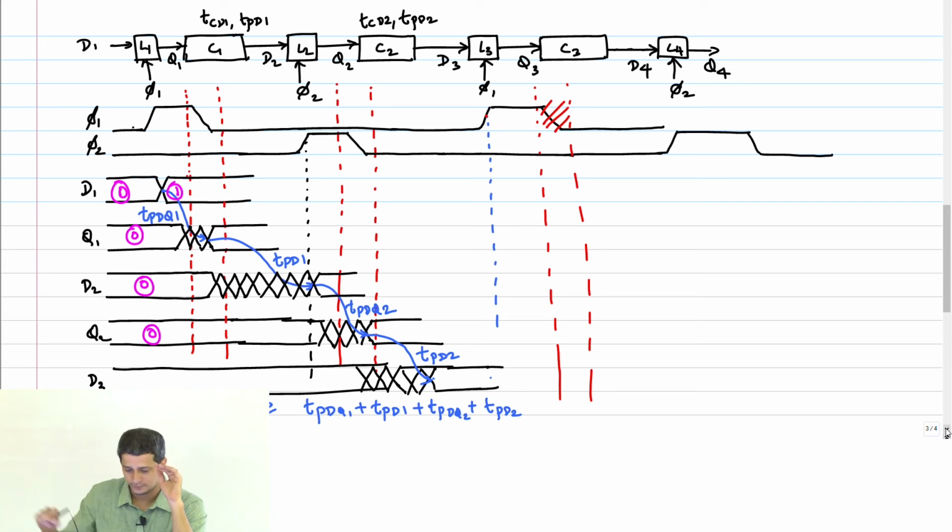Okay, so now let's come back to our min delay constraint. Where can D1 change? If you look at Q1, the aim of Q1 is simply to hold this data for as long as possible.